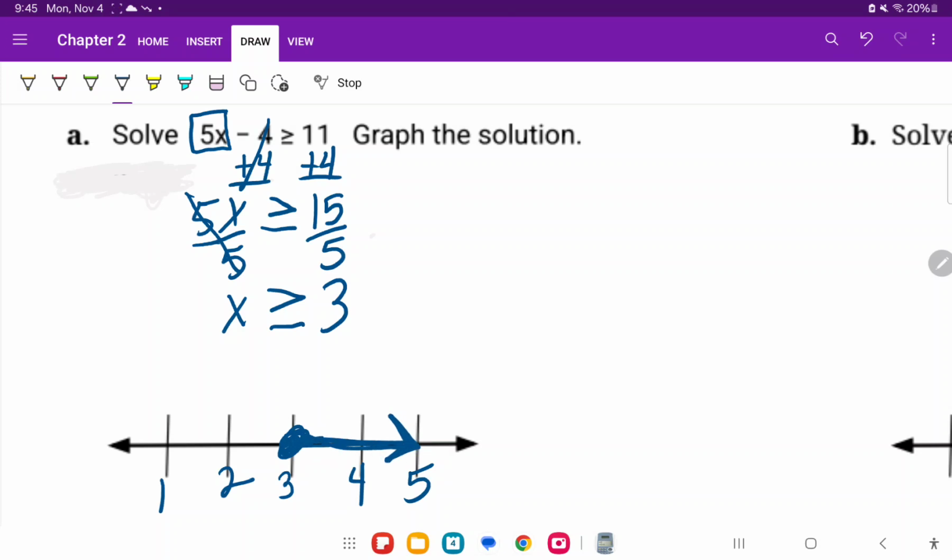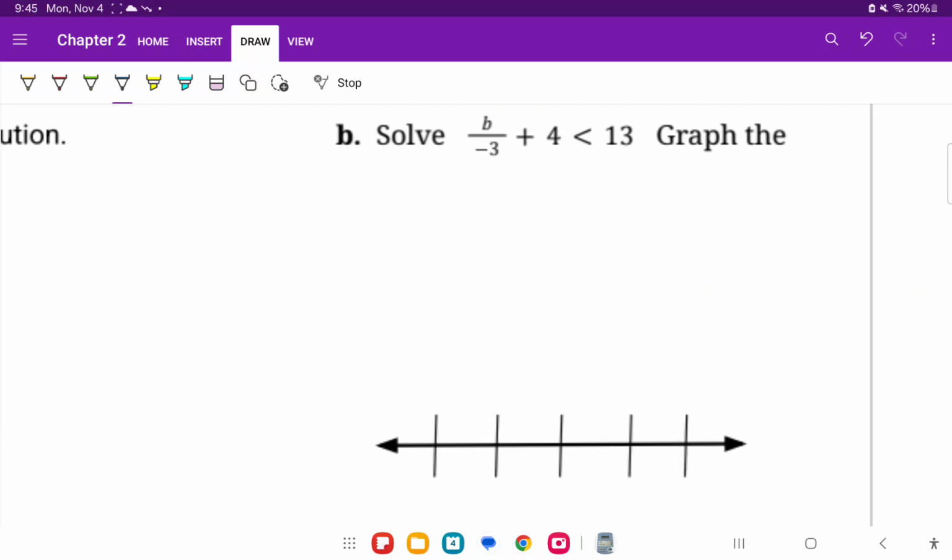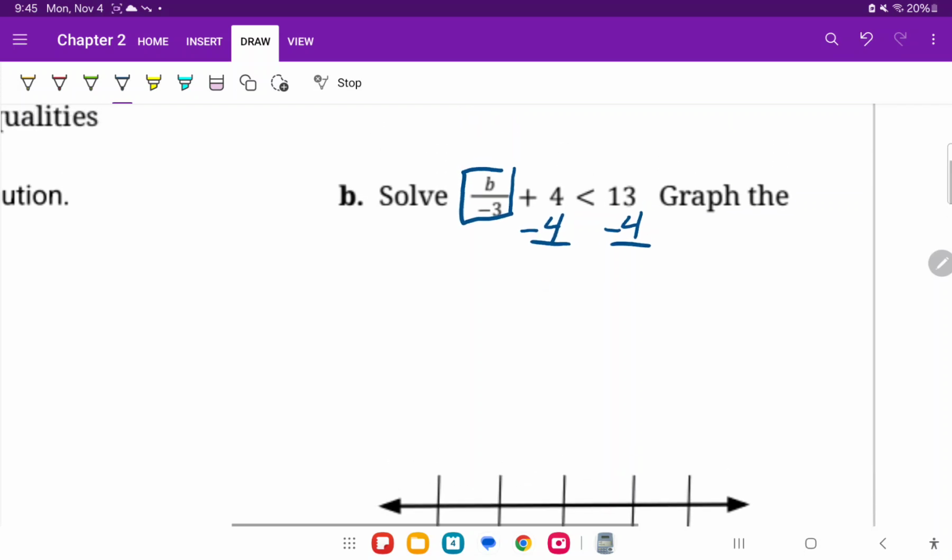Okay, so now we are going to look at example B. What we need to do right here is we're trying to get this b term all alone. So we'll subtract the 4 to get the constants together on the other side.